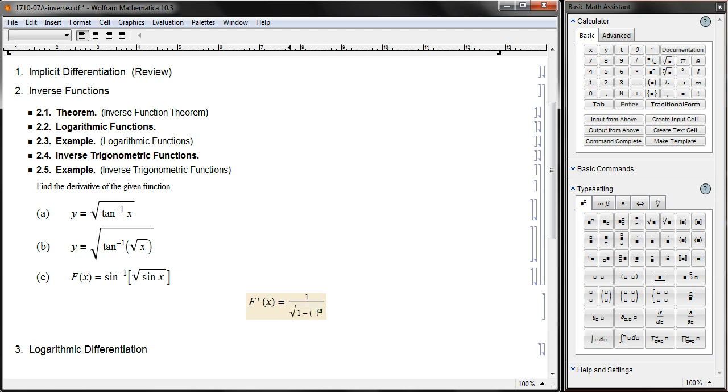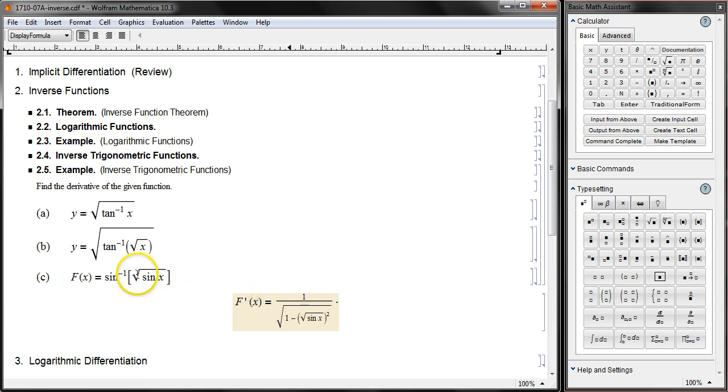That's it, isn't it? And then what's inside? We have square root of sine of x. Okay, that is the derivative of the outer function.